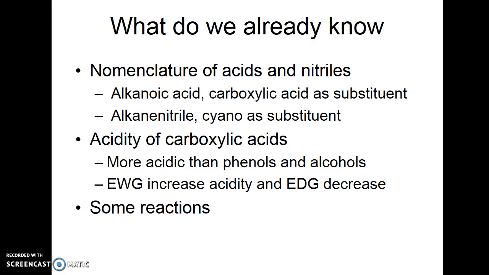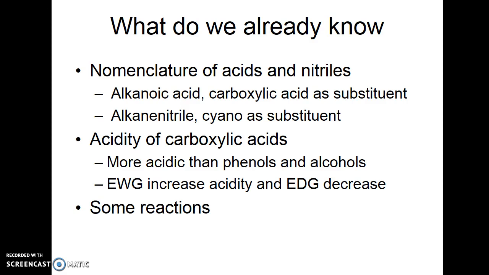And we know that when there is a carboxylic acid functional group stuck on benzene, we call it benzoic acid. With the nitriles, we do the same thing as with the carboxylic acids, in that we count all the carbons, including the carbon that's in the nitrile group. So if there are 5 carbons in the alkane chain and the 6th in the nitrile group, we call it hexane nitrile.